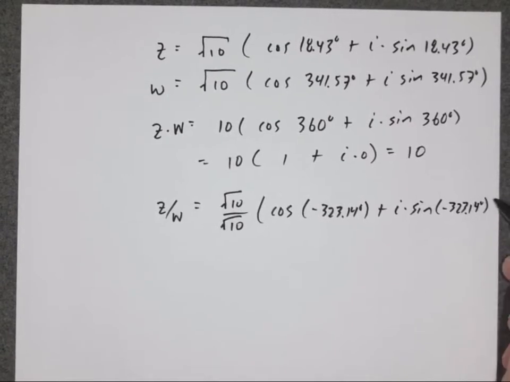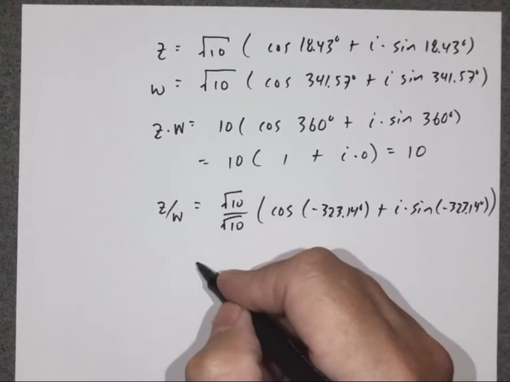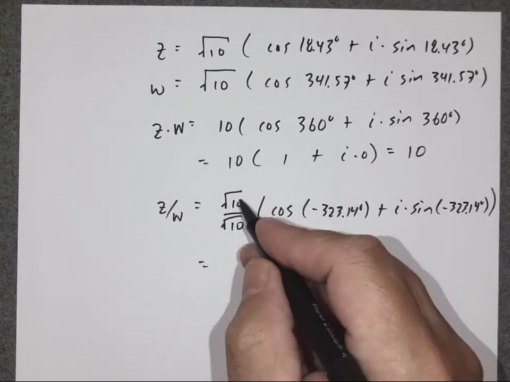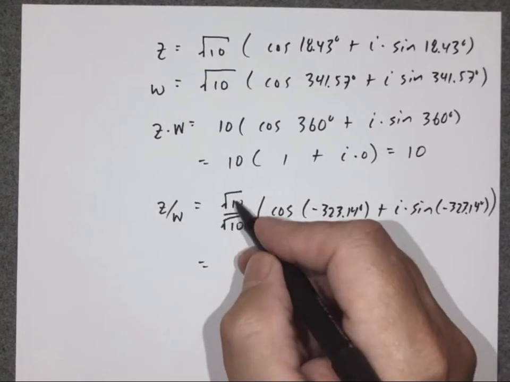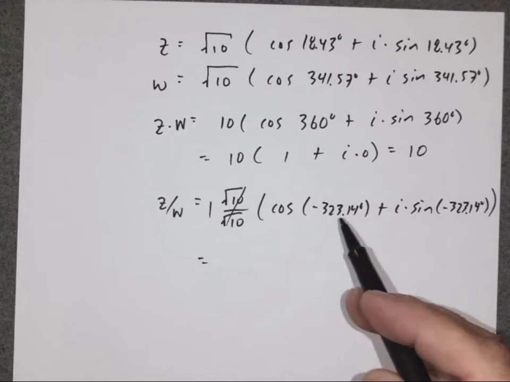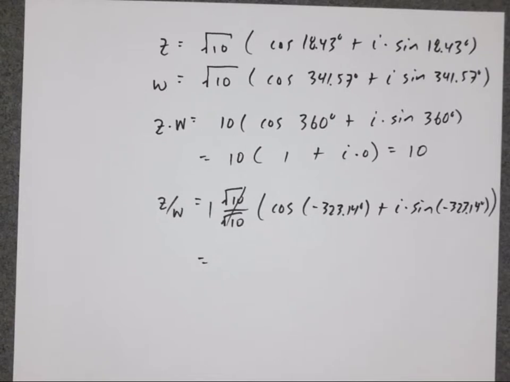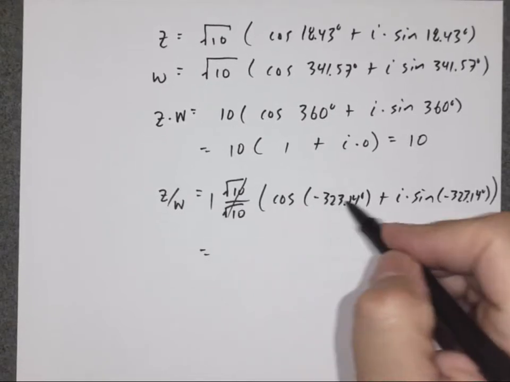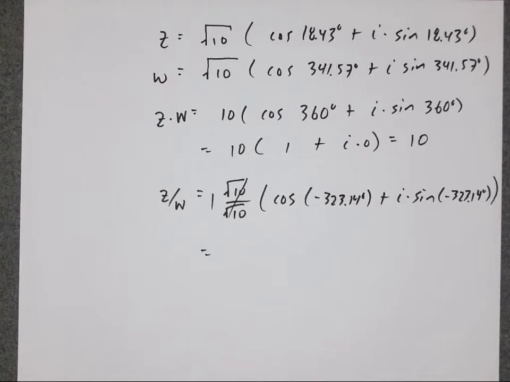Plus i sine, and of course this is just 1. So it's basically this. It looks sort of ugly, and I guess if I wanted to, I could convert these into numbers.